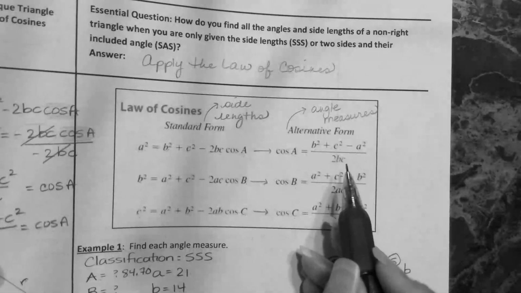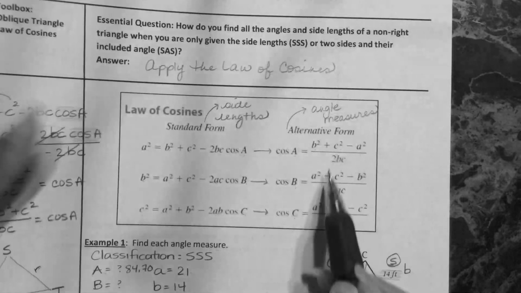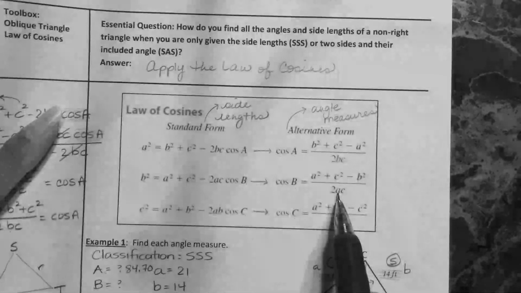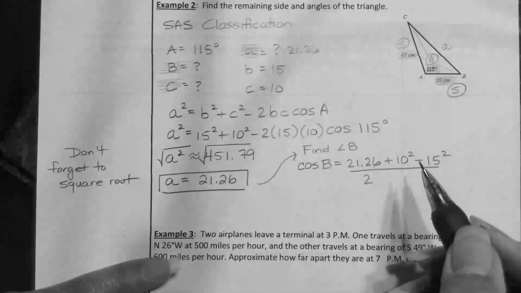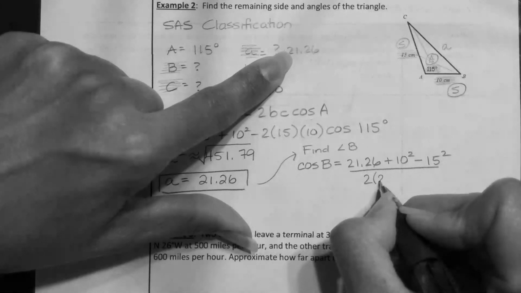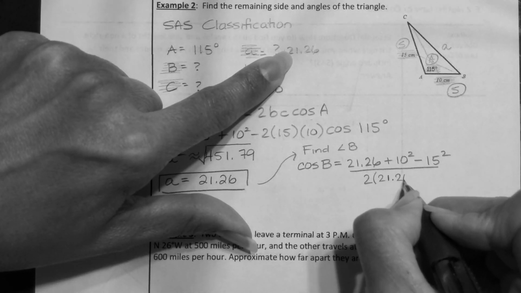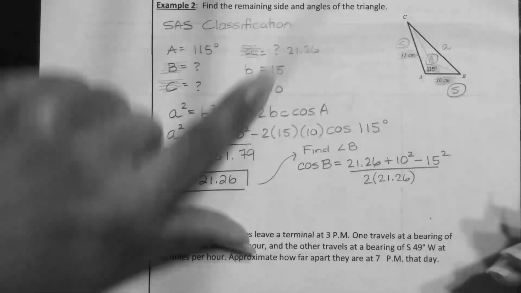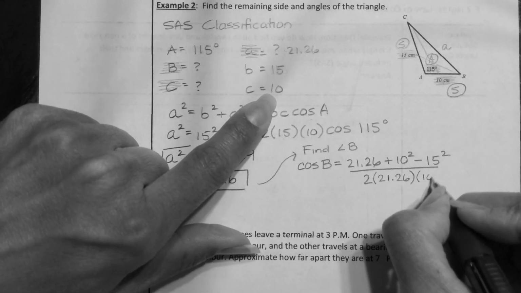We're solving for b. So 2 times a and c. So 2 times the a, where's my a, back up here, and the c, which is right here. Okay.